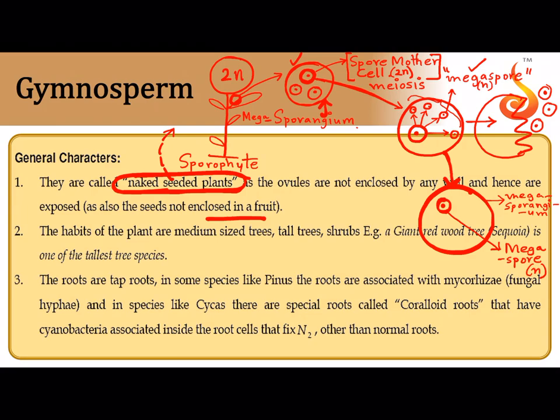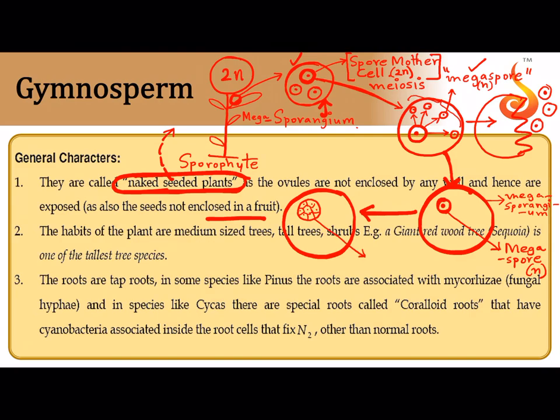Then the question is, what should this megaspore become? A spore. Can you recall? Whenever a spore is produced, it germinates to become a gametophyte. Yes. So now the megaspore which is sitting inside the megasporangium develops into, let me show just for diagrammatic purposes, a multicellular structure.